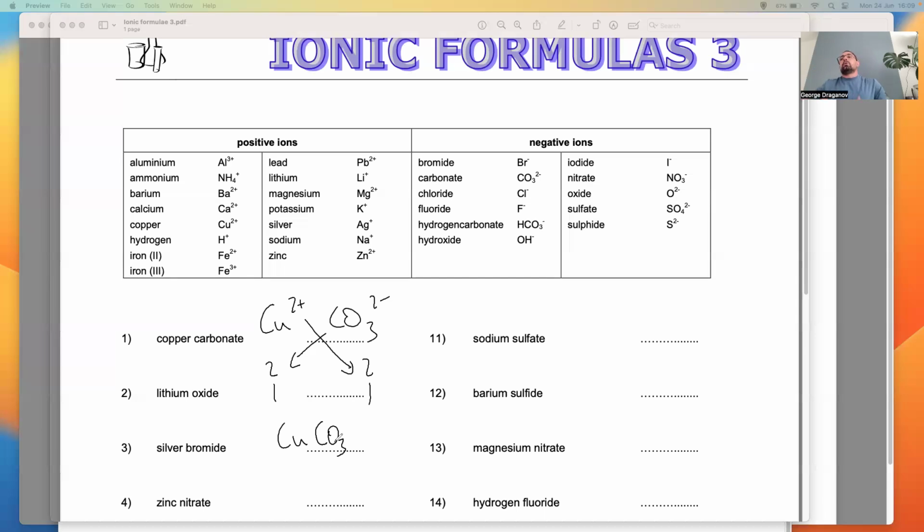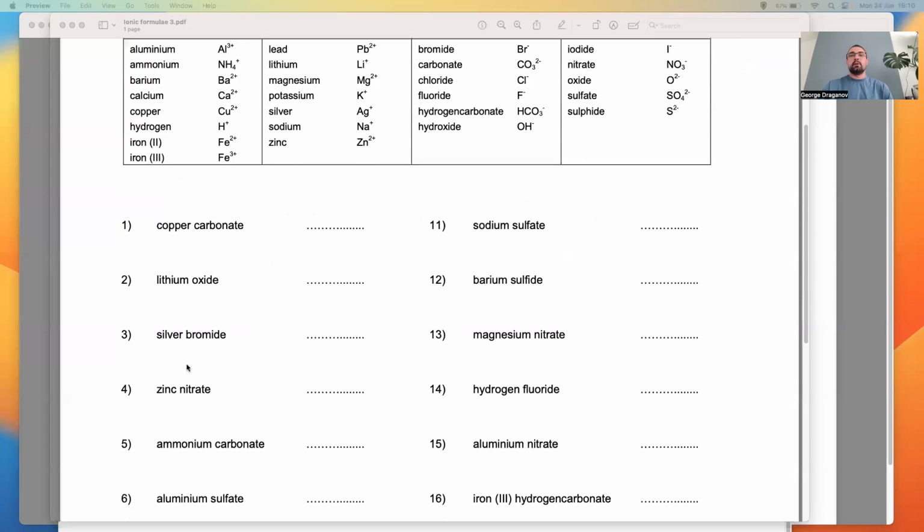Now that can go to one more level of difficulty where we need to actually multiply this by something. So if we take zinc nitrate as an example, I'll write it up here. Zinc is 2+. Nitrate is here, it's NO3-. Now you need to learn these. So when you do this, you cross over, the 2 goes here, and remember there's a 1 here, the 1 goes here. That gives you 1 zinc, you read downwards.